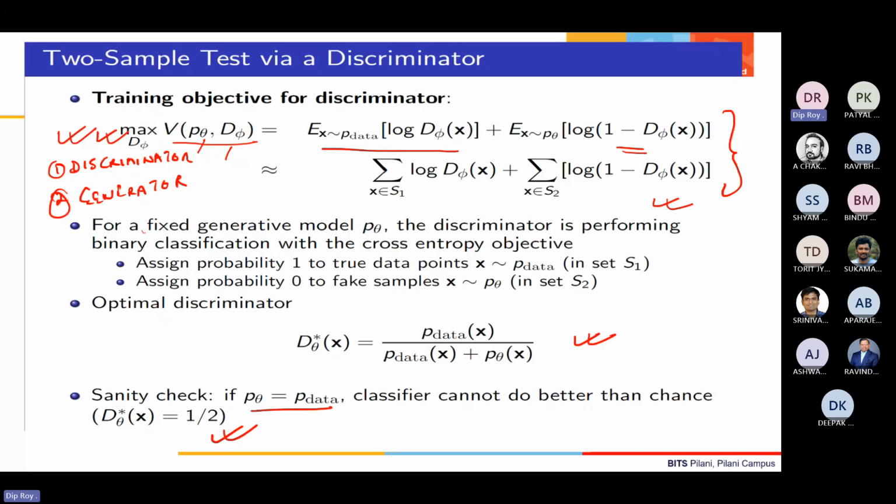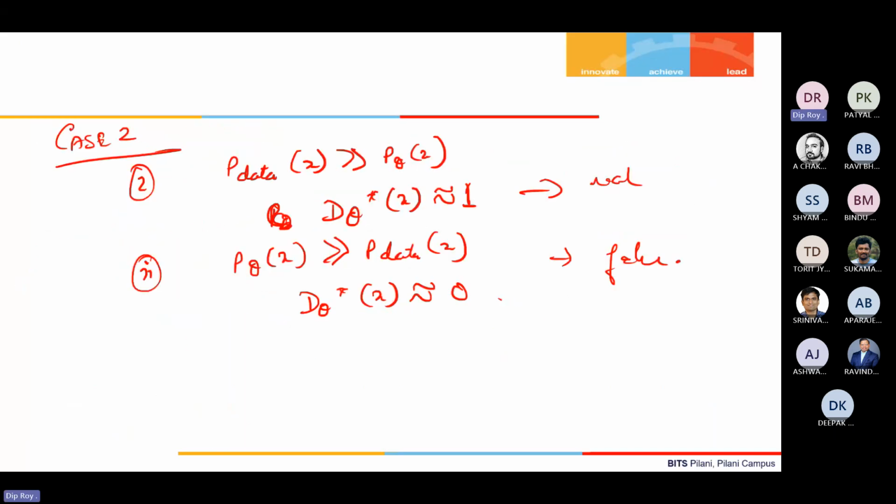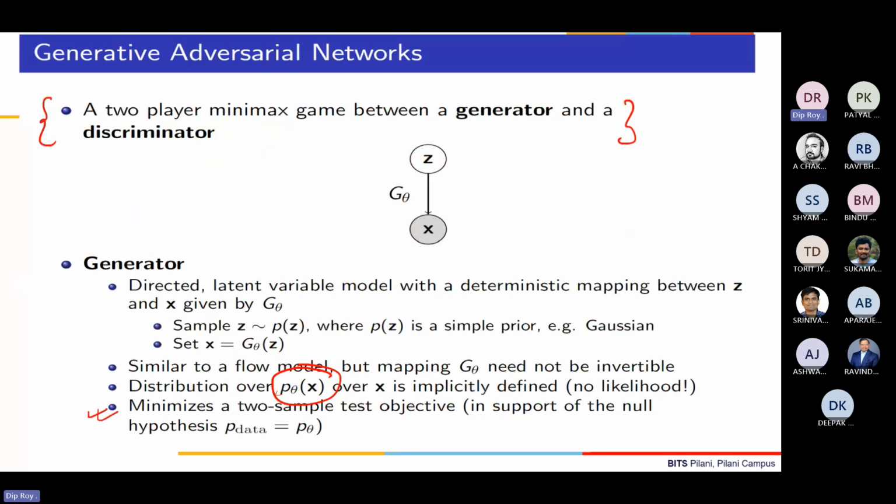Now when we did a slight derivation of this training objective, we saw that even though we never said explicitly that we are working with any form of divergence, we are fundamentally performing divergence minimization.